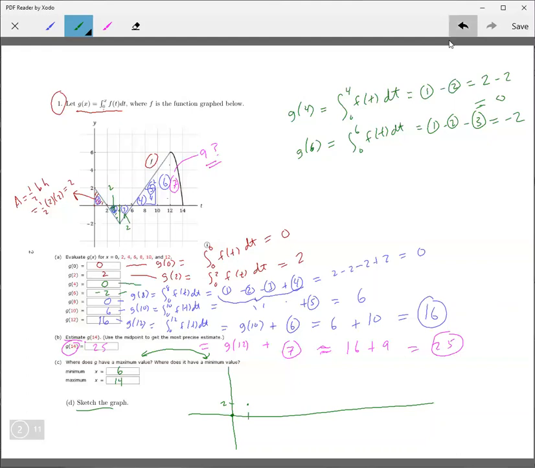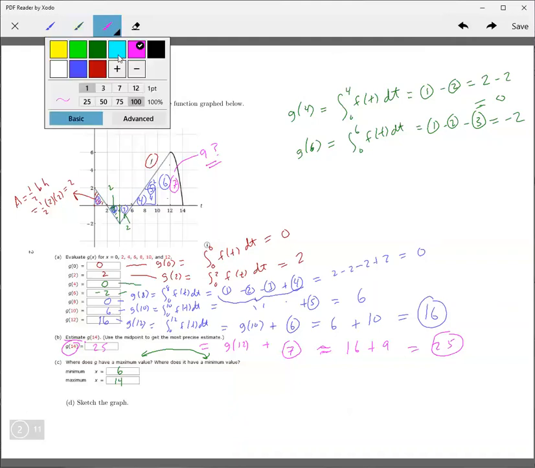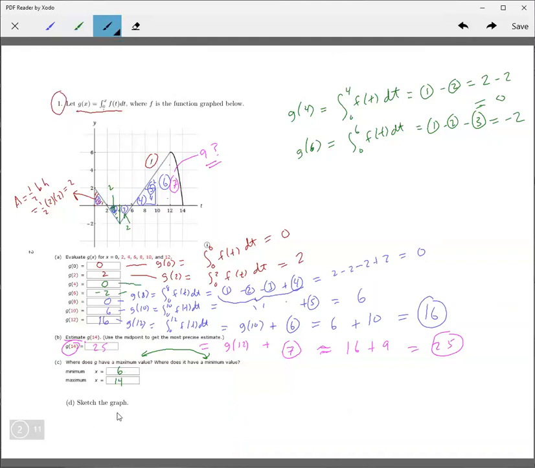Although maybe I should put that a little lower because there's a 25 there. We'll sketch it in black. Okay, so let's say that's 2 right there. And let's say this is 2 also.